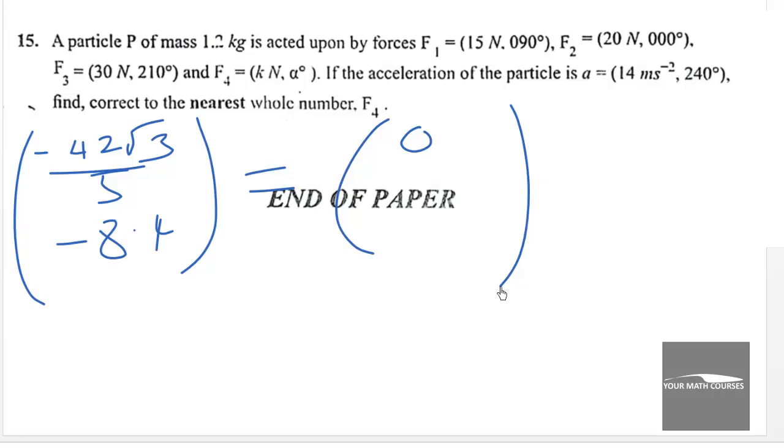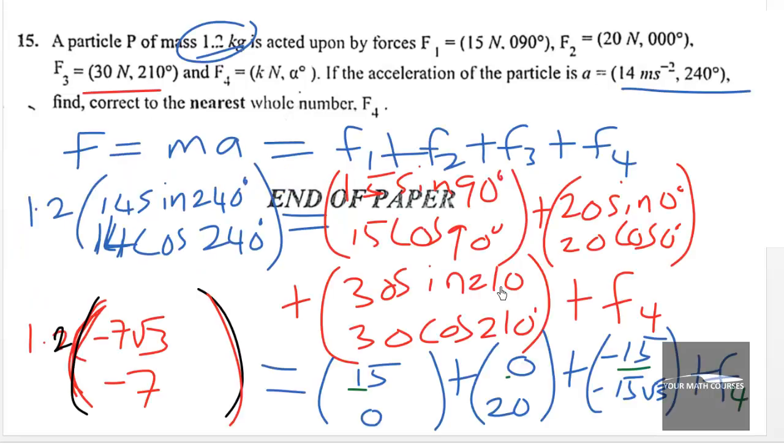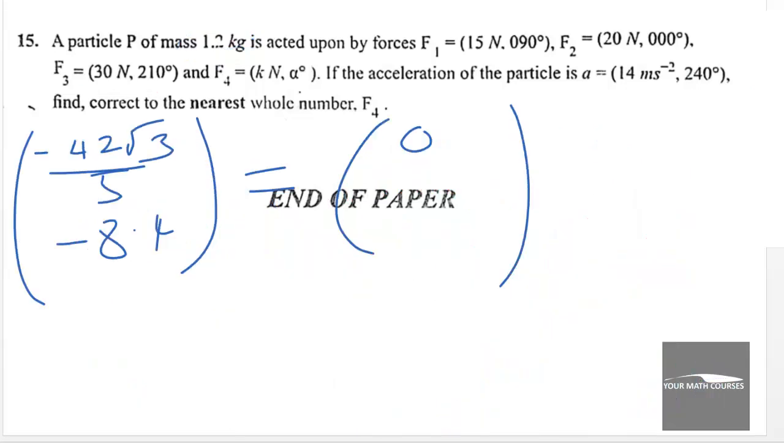Then when we add whatever is here, we get 20 minus 15 root 3. So we have 20 minus 15 root 3 here, plus F4.